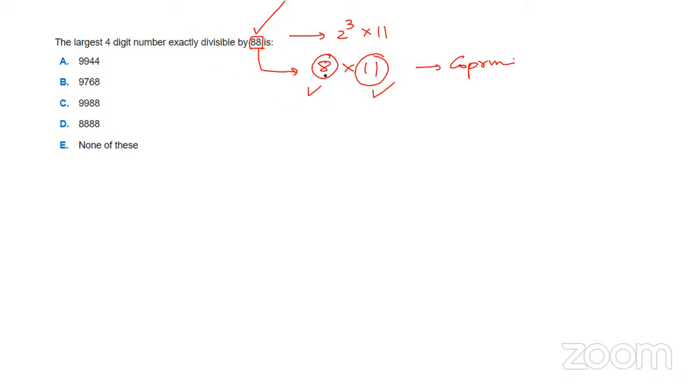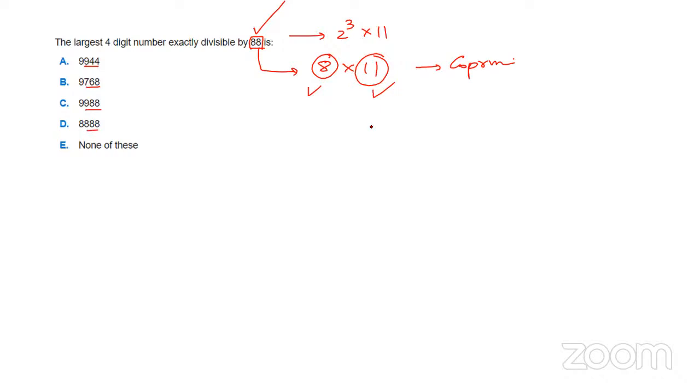Now I can apply the divisibility rule of 8 as well as 11 to get the answer. What is the divisibility rule of 8? The last 3 digits should be divisible by 8. What is the divisibility rule of 11?